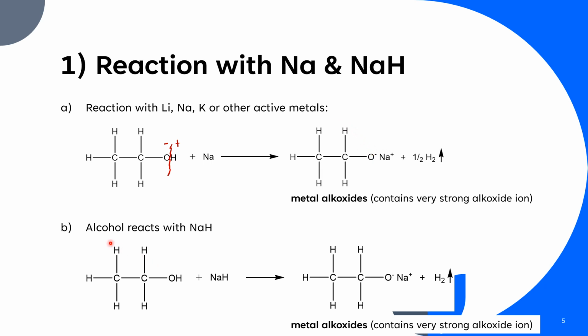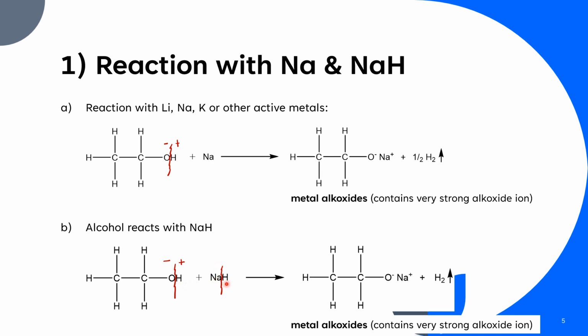Second reaction is alcohol with sodium hydride. So reaction yang berlaku sama juga, akan berlaku bond breaking di antara O dan juga H. O akan becoming O minus, H becoming H plus. So NaH juga akan berlaku breaking antara sodium dan juga hydride. So di sini O akan ambil sodium.